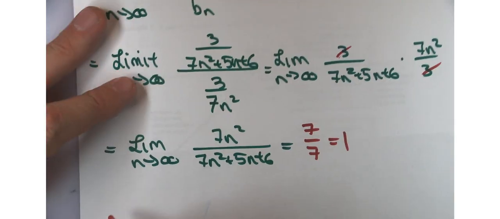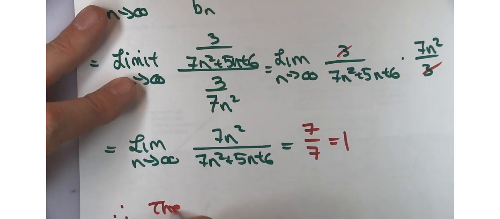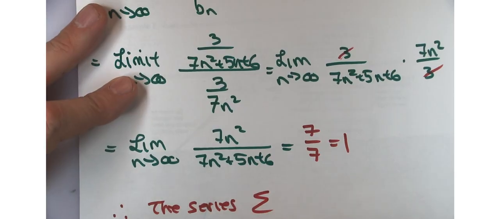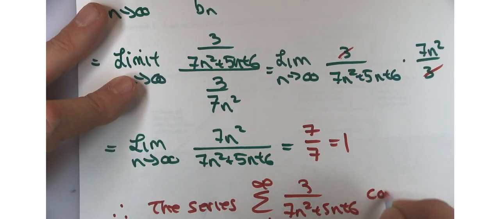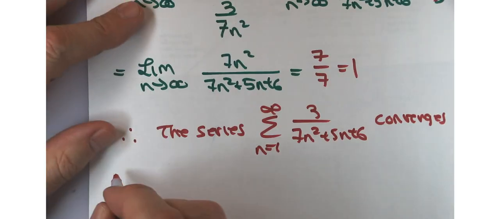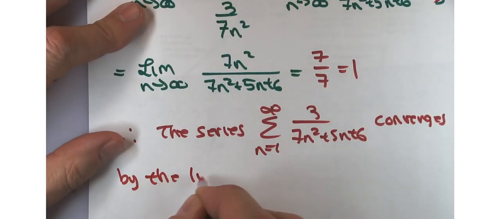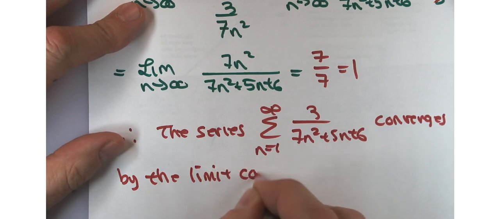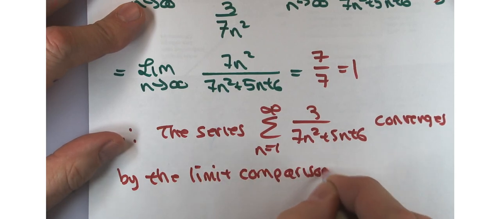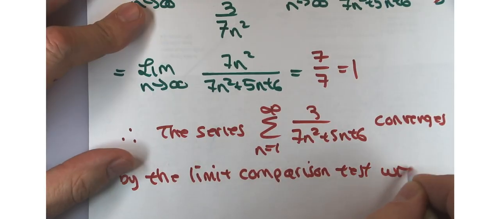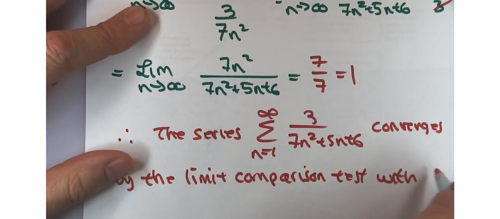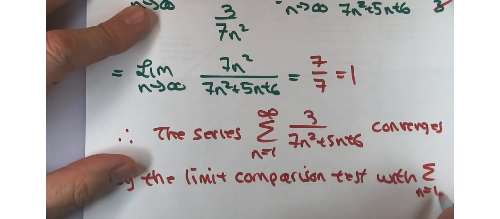So therefore, the series, this one, n equals 1 to infinity, converges by the limit comparison test with this series, n equals 1 to infinity of 3 over 7n squared.